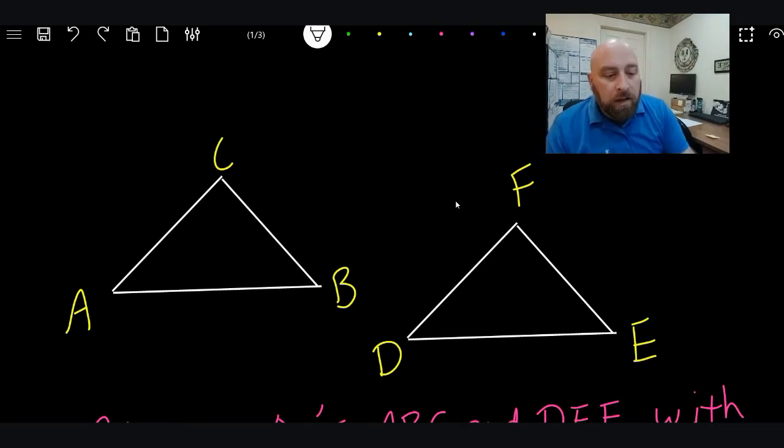A couple of things that I want you to think about. First of all, at some point somebody has to give us some information. Somebody has to tell us something, or we actually have to measure the triangle ourselves. Remember, in geometry, we don't measure things. It's not part of what we do.